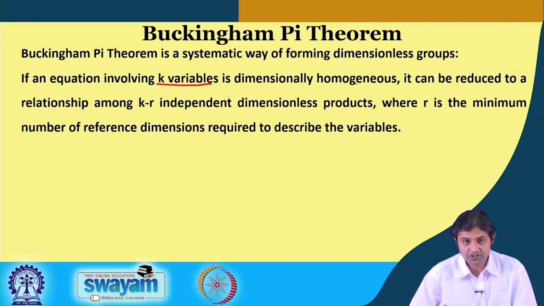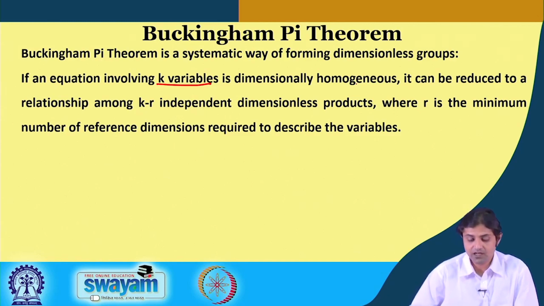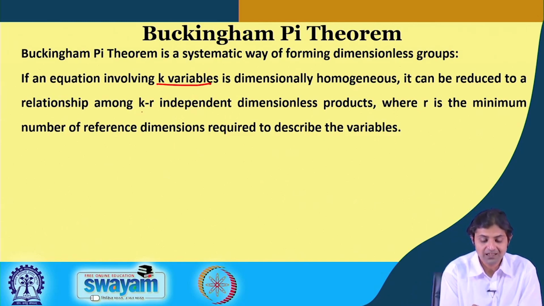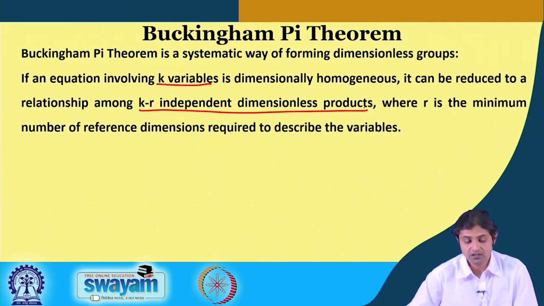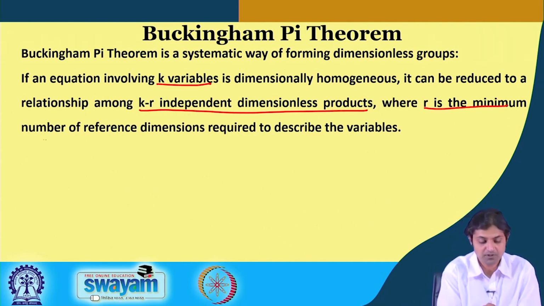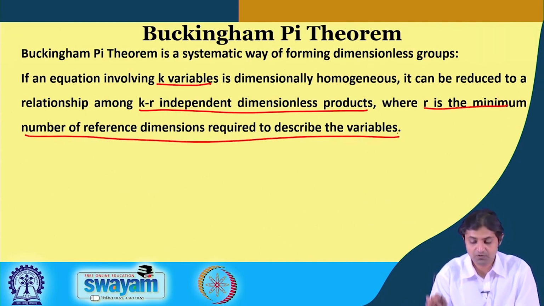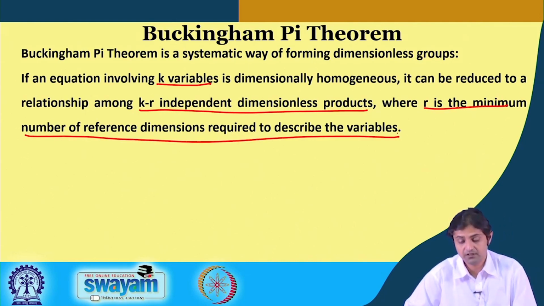So, if there is an equation that consists of k variables, then that equation can be reduced to k minus r independent dimensionless products. Now, what is this r? R is actually the minimum number of reference dimensions required to describe the variables.